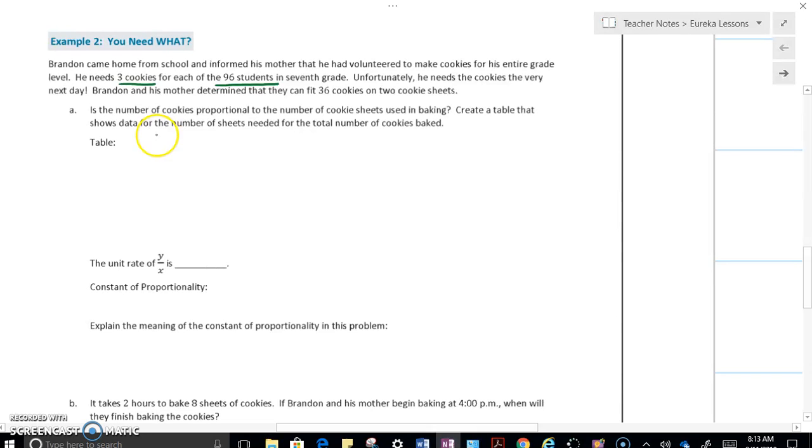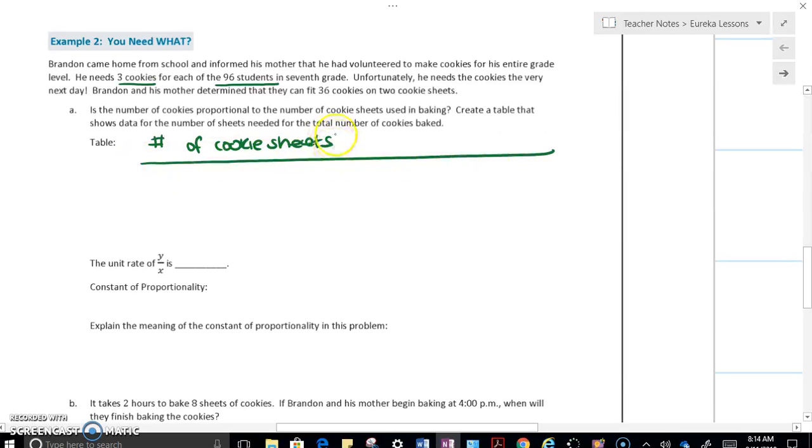Okay, so I'm going to create a table. So, number of cookie sheets, cookies baked, and then, last but not least, our y divided by our x, right?